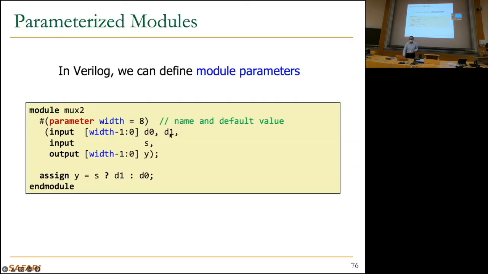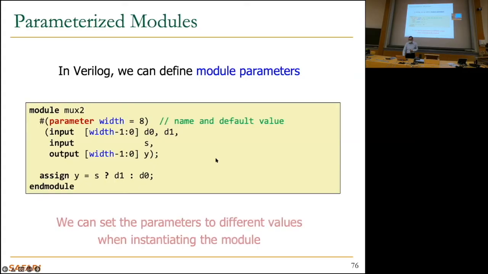So these are the 2 inputs, data 0 and data 1. They're of width wide. And width is specified when you instantiate it. If you don't specify the width when you instantiate this mux, the width is assumed to be 8 bits. Okay, and this is how you declare it, basically. Anytime you have a value that's a function of width, you use this expression.